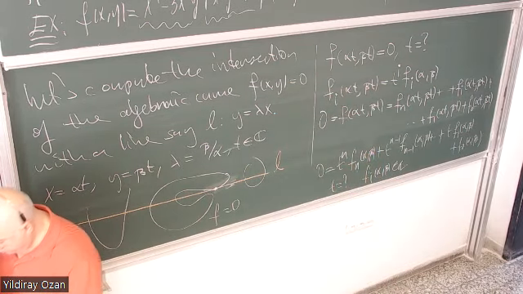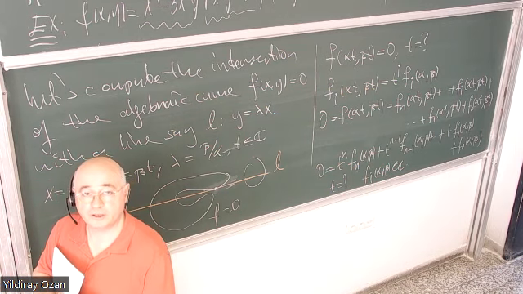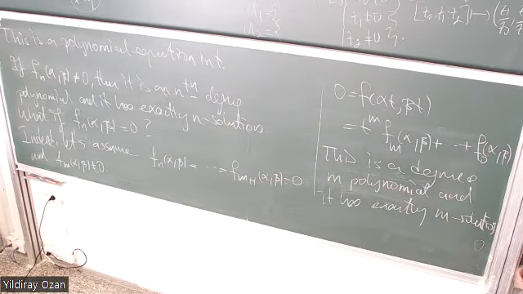So here in this case it seems that algebra and geometry don't match, but actually they do. Why is that?